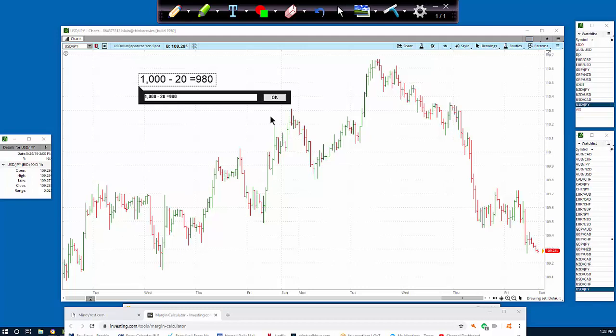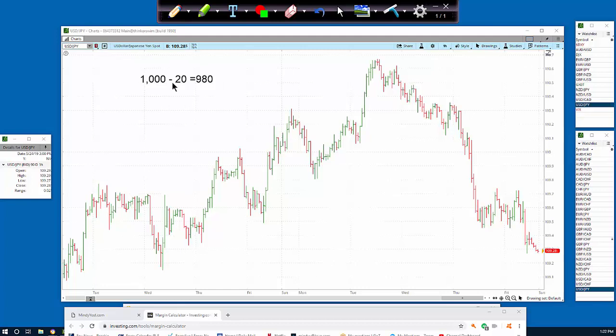So what does that mean? It means that this one little mini lot trade that I made could go 980 pips the wrong way before I would have spent my whole $1,000 that I've allocated to that trade.